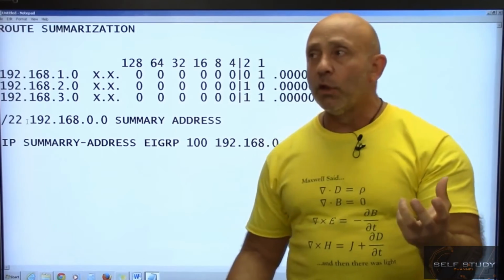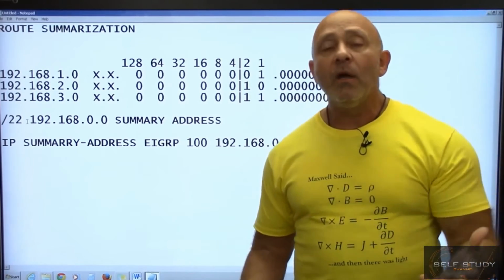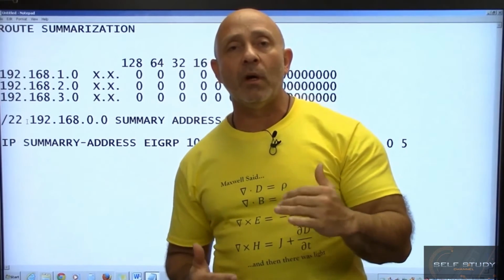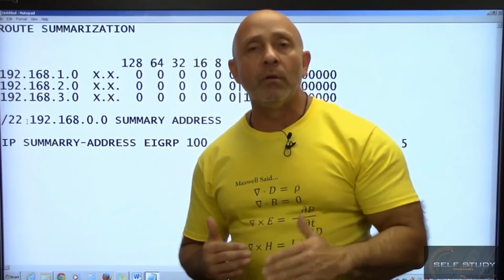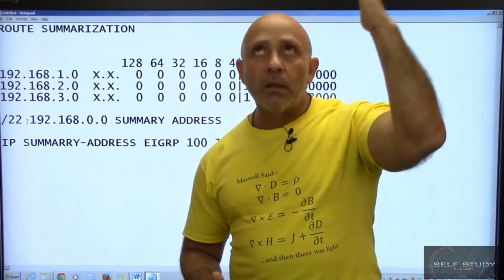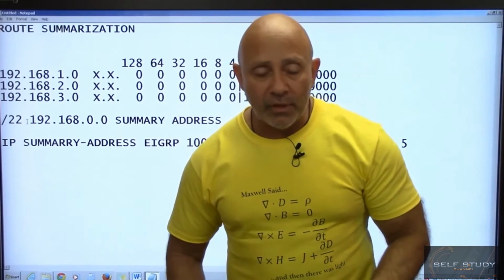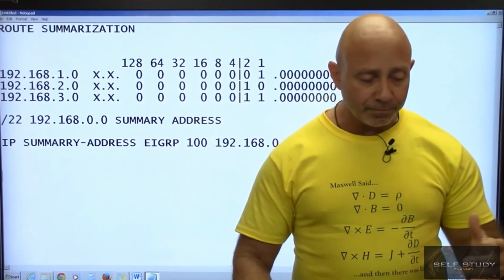It's easier to look at, let's say, 100 routes versus 1,000,000 routes. You want to reduce that because you don't want to burden the router by looking and looking and looking. It's just not feasible. All right, let's do another example.